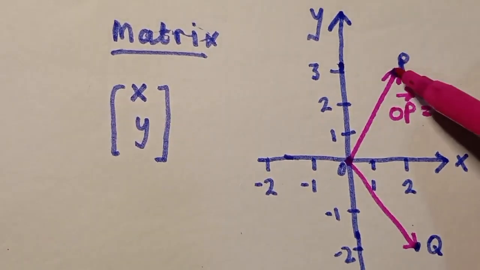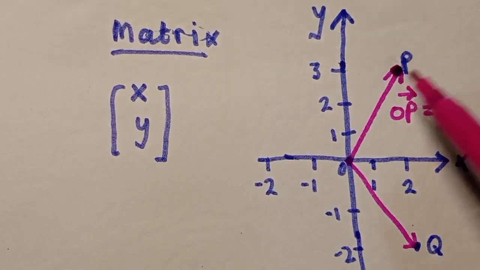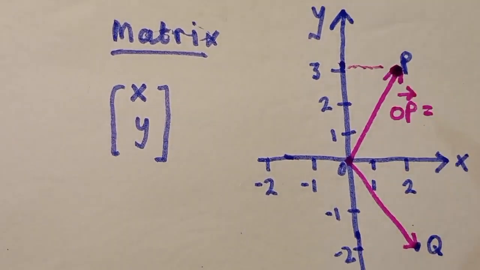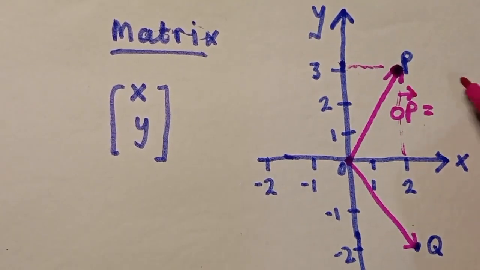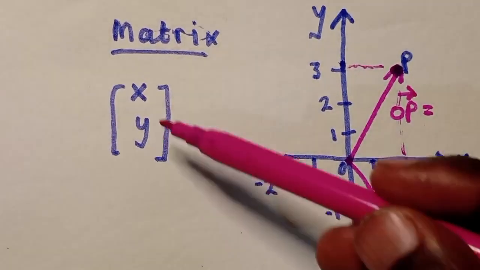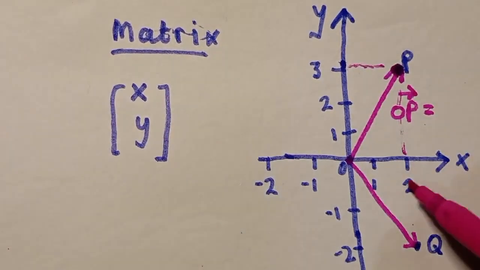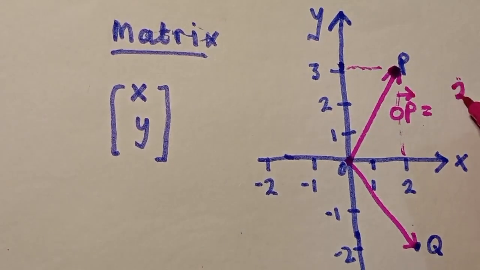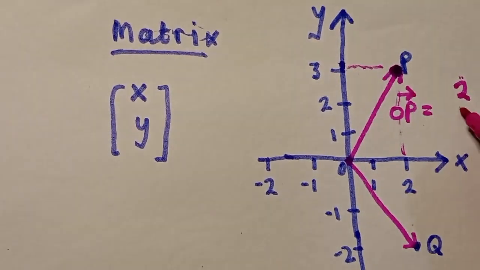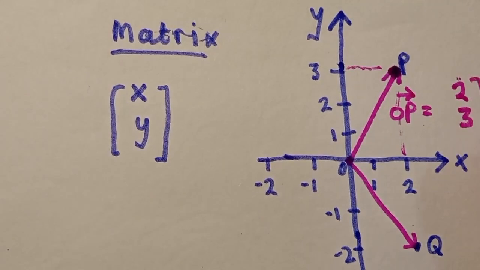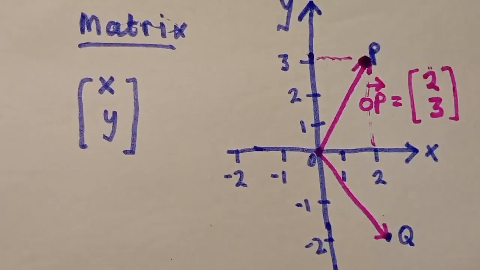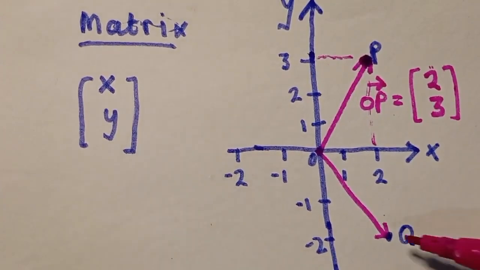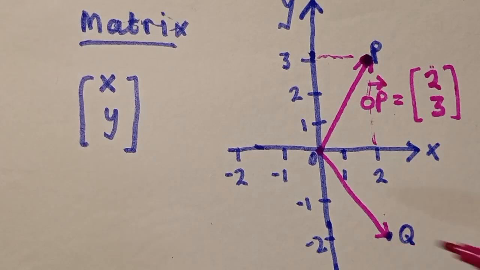This part here has got a y component which is 3, and when you bring it down, it has the x component which is positive 2. So you can just write it in this form. The x is on top, so 2 will be here, then 3. So that is how you can show this vector in component form.